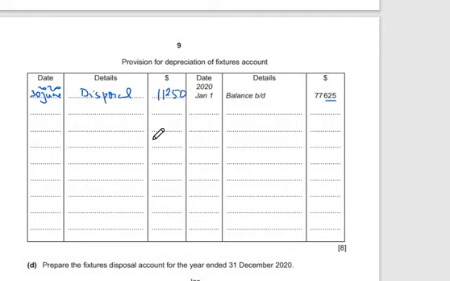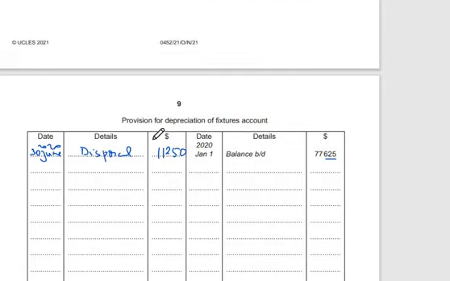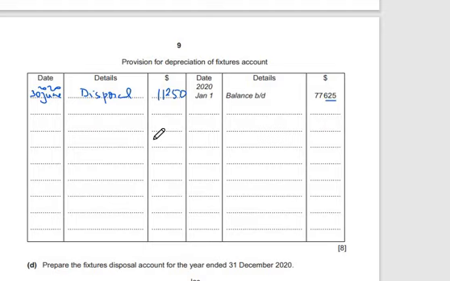Remember, please, that when we are depreciating our assets, we have to transfer the depreciation to the income statement. So on 31st December 2020, we have to transfer this amount to the income statement, mainly 21,375.